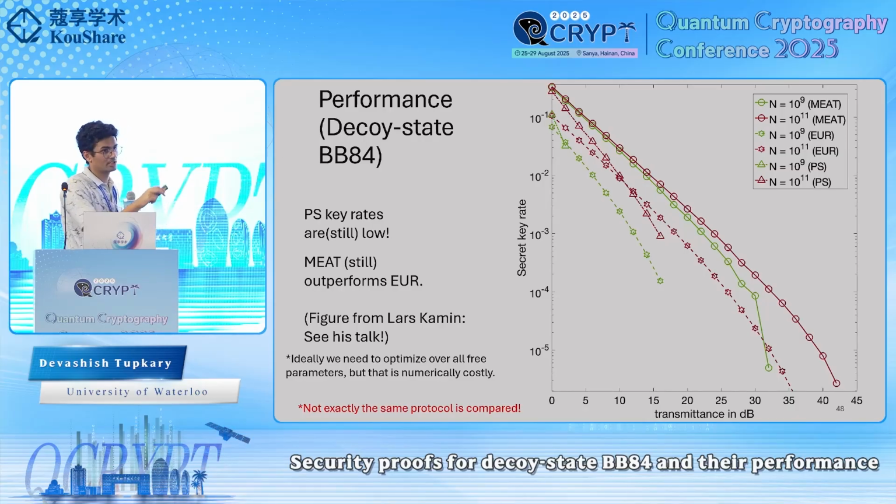And that has to do with the way your numerics is set up. Sometimes it just doesn't work beyond a certain loss. And the numerics for the MEAT plots are slightly different from the numerics for the post-selection plot. So that might be one of the reasons why the value up to which we are getting key rates for these proof techniques from numerics is slightly different.